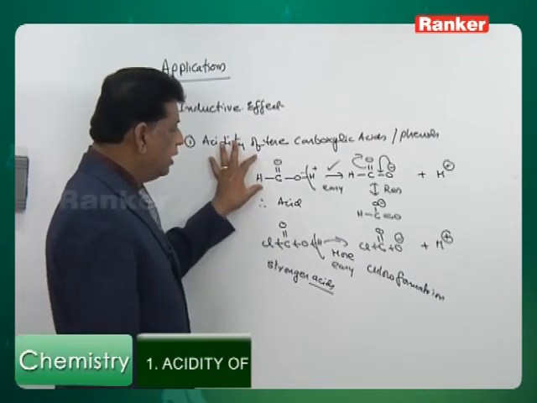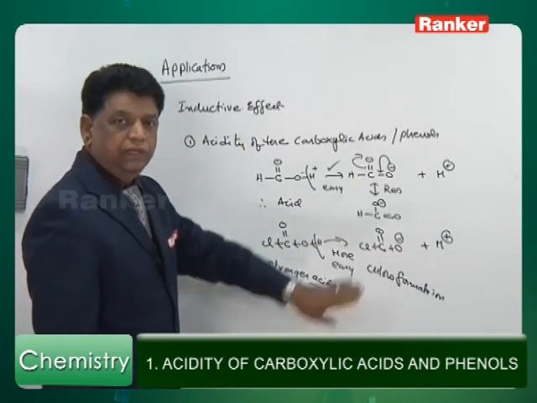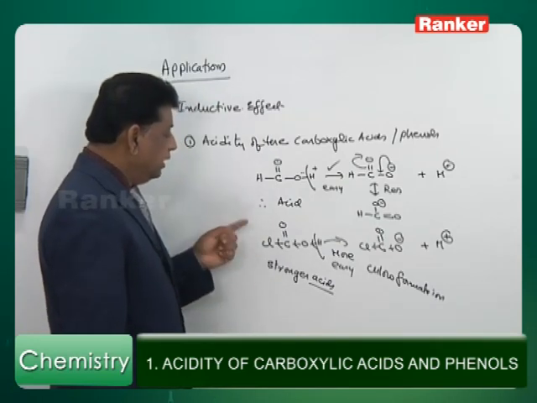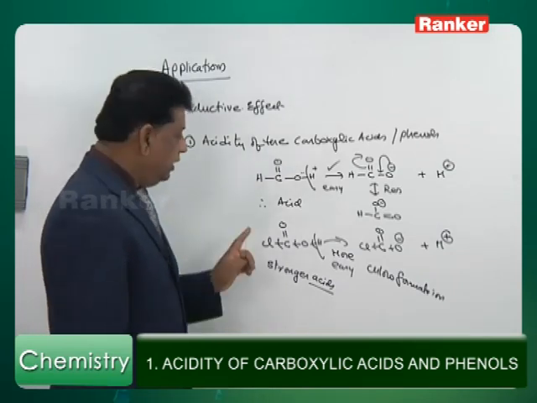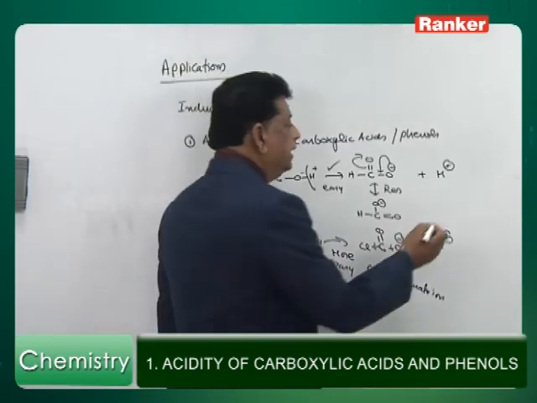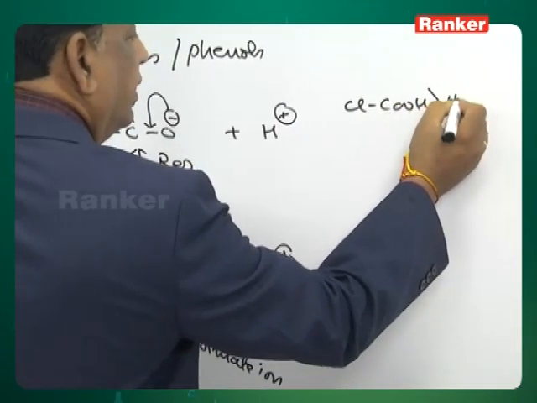Why is formic acid acidic? Because of the resonance, which has nothing to do with minus I or the inductive effect. Here the chloroformic acid is stronger. The comparison that we are explaining is through this inductive effect. Chloroformic acid is a stronger acid than formic acid.